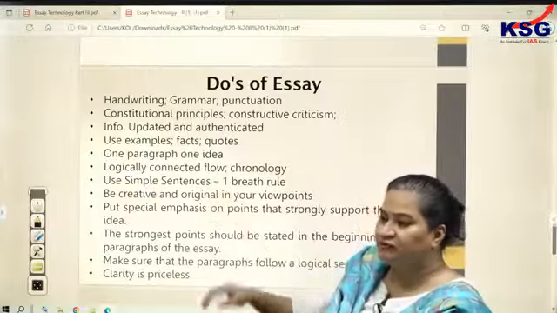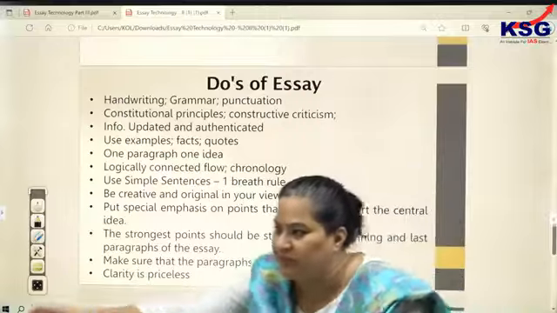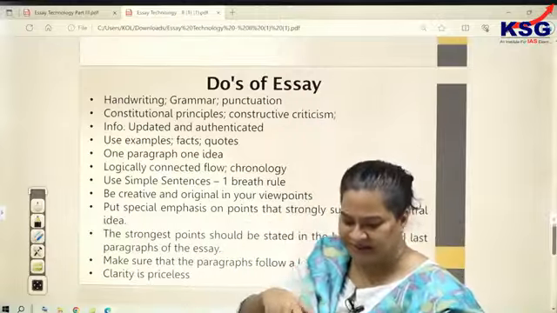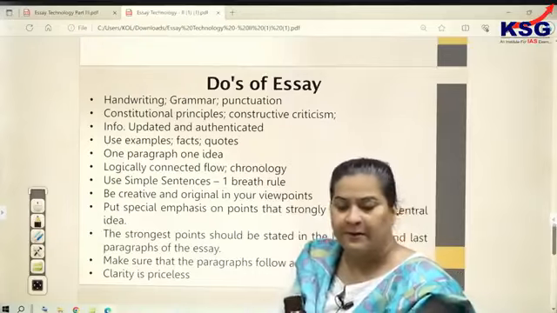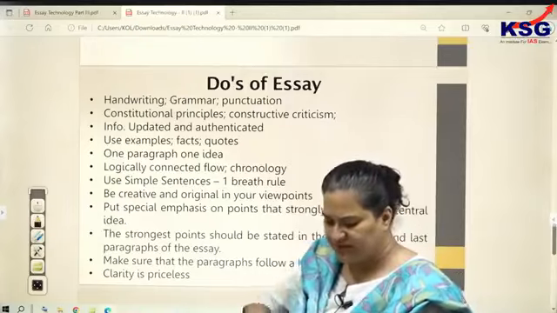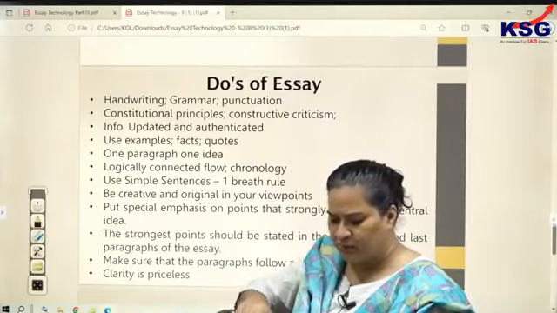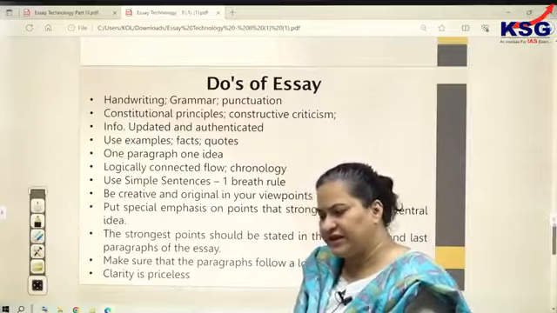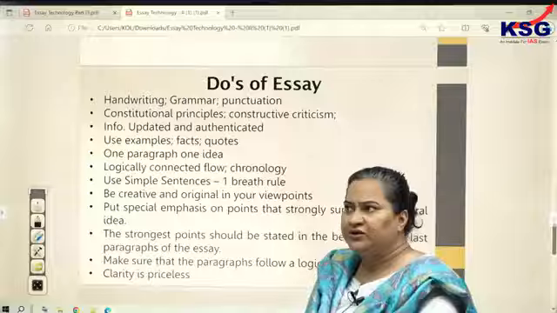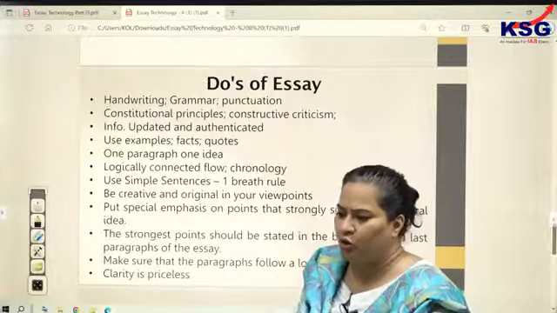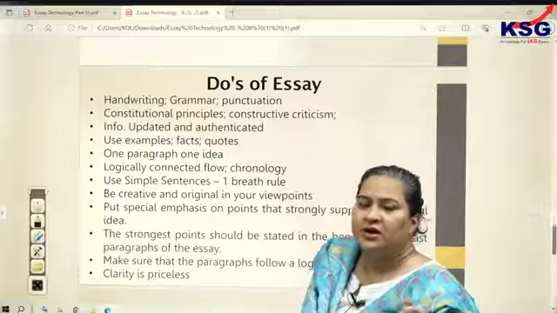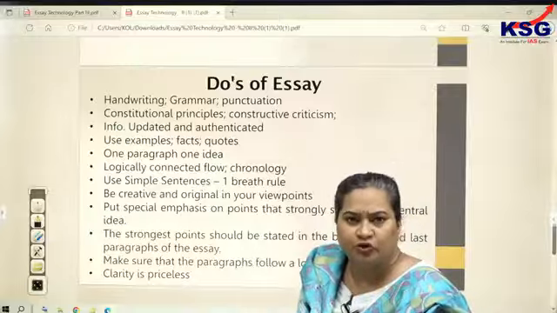Again, one paragraph, one idea. What do we imply by this? One paragraph, one idea implies that when you're substantiating the content, you are not blowing the content out of proportion.